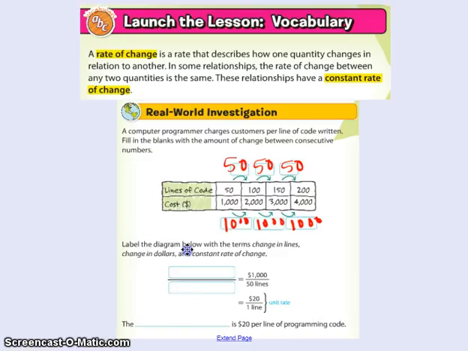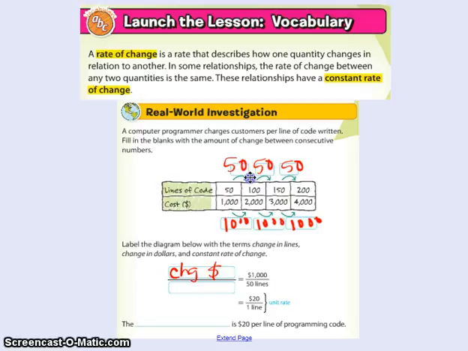Now it says label the diagram below with the terms change in lines, change in dollars, and constant rate of change. Okay, so the top one, let's see here, it gave me 1,000. It changed in dollars. So we're going to put change, and I'm going to simplify it, in dollars.